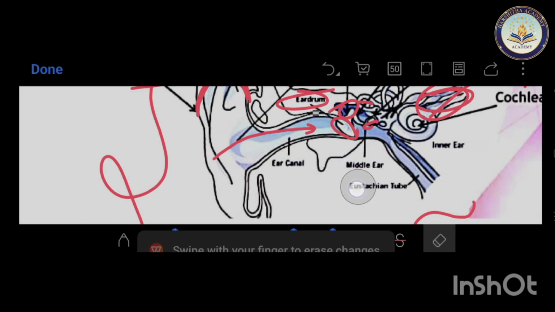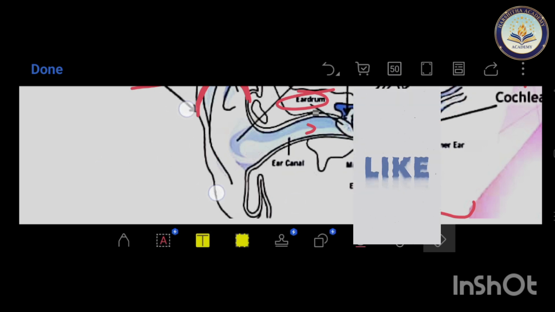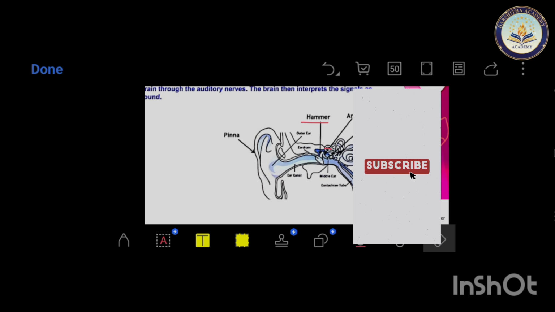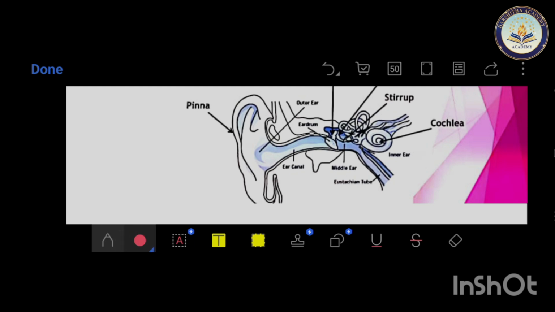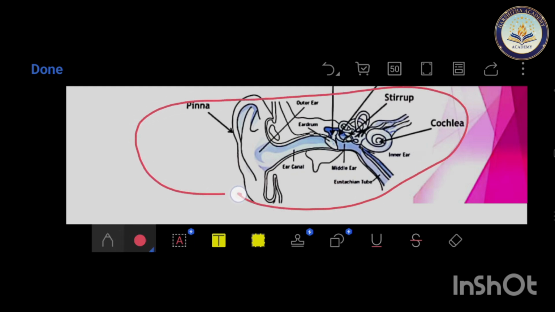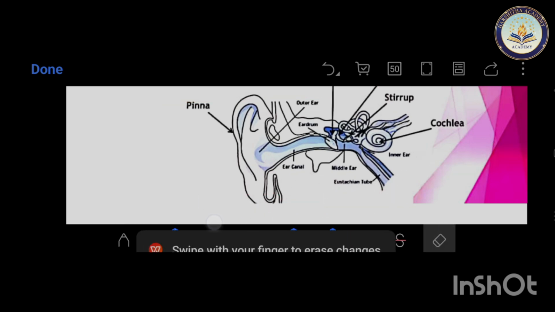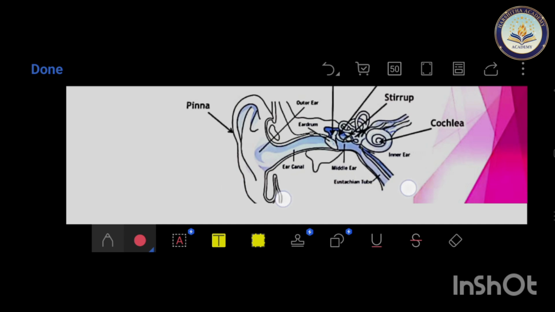This is the whole structure of the human ear, the organ that helps us hear sound. The ear is divided into three parts: outer ear, middle ear, and inner ear. Keep it in mind and try to draw a diagram like this.